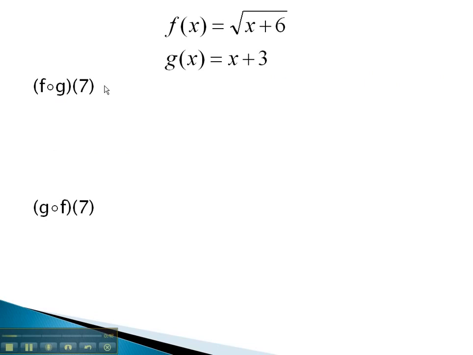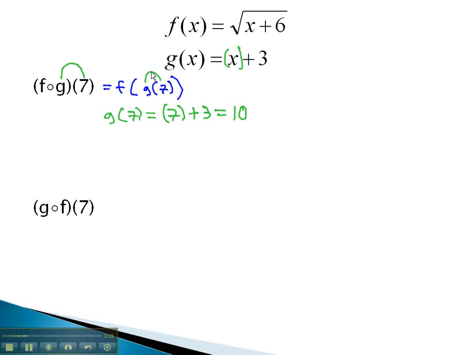In this problem, we're finding f of g of 7, which could also be written f of g of 7. What this is asking us to do is first plug 7 into the g function. So let's do that. When we replace the x with 7 in the g function, we find g of 7 is equal to 7 plus 3, which is 10.